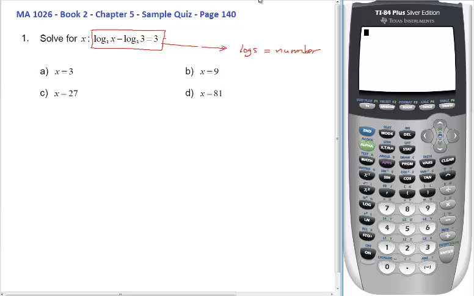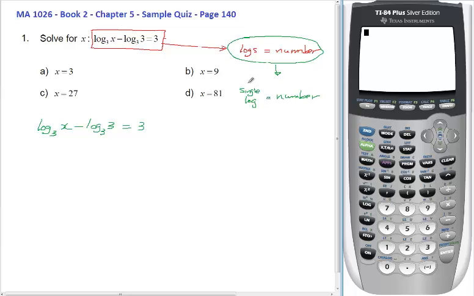Now what do we do with this type of equation? Let's rewrite it down here first and start solving. I cannot switch out of this form yet, because when logs equal a number, what you try to do is work the left hand side down to a single log, and the right hand side won't change at all.